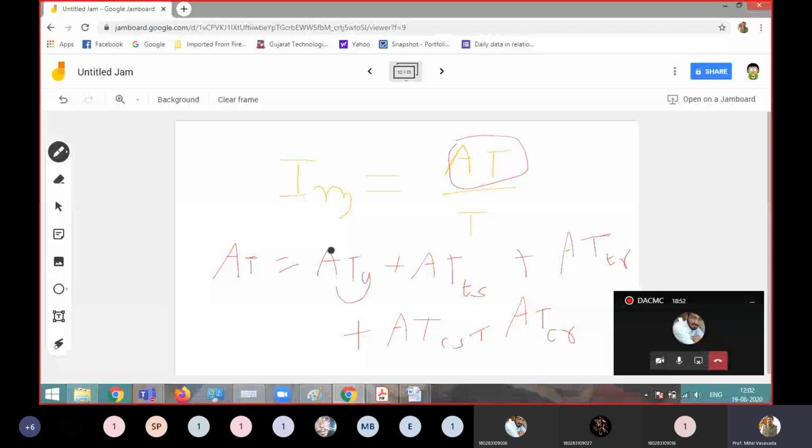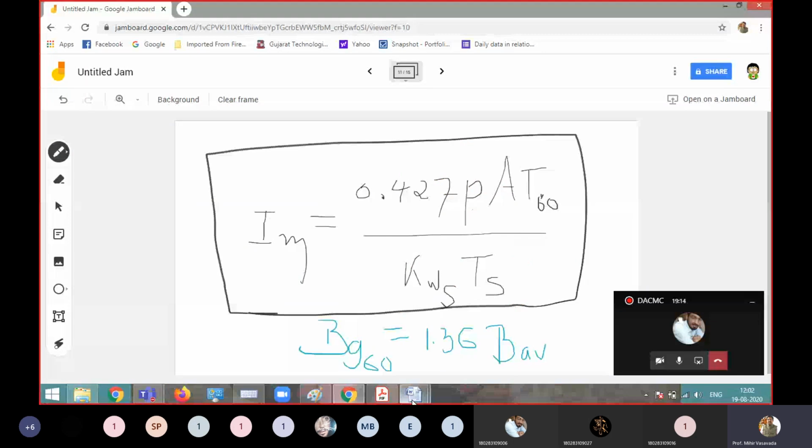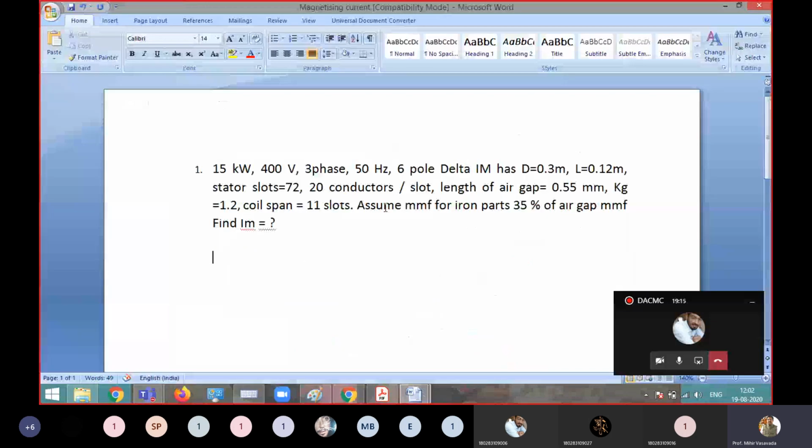Right. For that you need to find out this winding factor and Ts. So that we'll be doing. First you copy the data, then let me know.